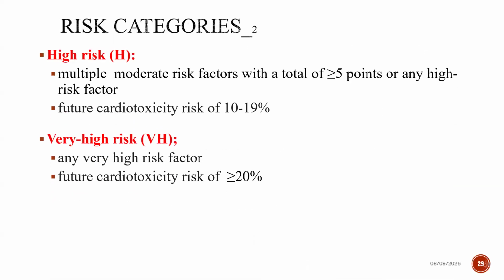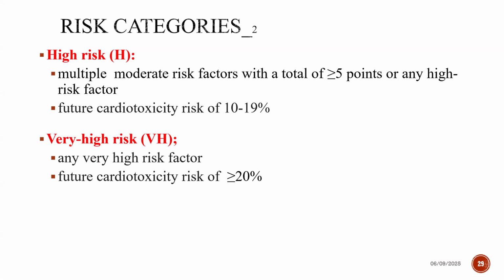So for those classified as high risk, they will have multiple moderate risk factors with a total of at least 5 points or at least any one high risk factor. And their future cardiovascular risk is also higher, usually about 10 to 90% chance of developing a cardiovascular event during their treatments.